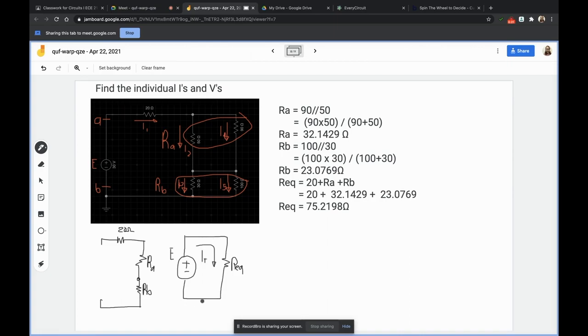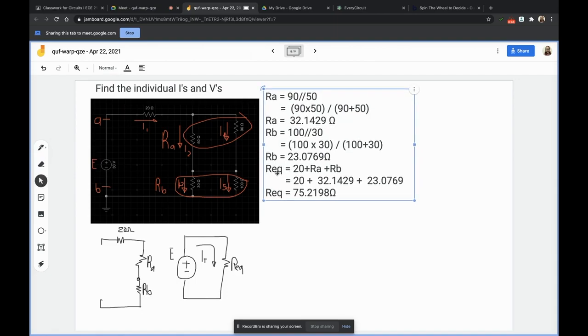Now, going back to the solution, kaya sabi ko, you have to identify what the connection is, because that connection will tell you what solution you need to use to solve for the individual currents and voltages.